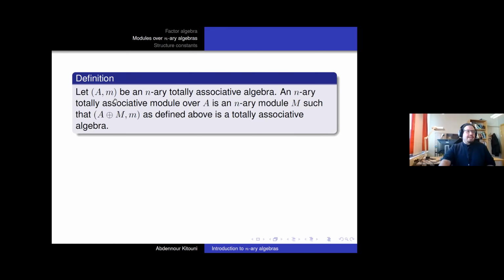So if we take A to be an n-ary totally associative algebra, then an n-ary totally associative module over A is an n-ary module M such that A plus M, the direct sum with this extended product, would give a totally associative algebra.